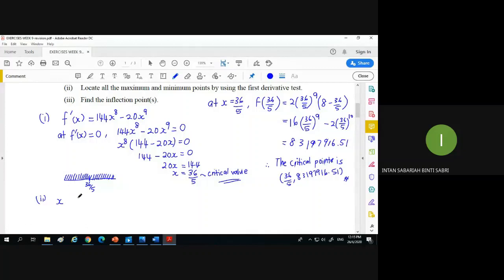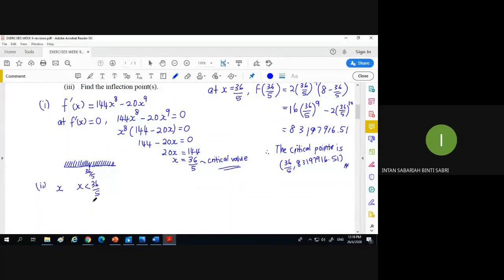So we always start with the smallest value, x less than 36/5. I don't want to see you start with x greater than 36/5, because you will get the opposite answer. We always consider the smallest value on the left: x less than 36/5 and after 36/5, which is x greater than 36/5.